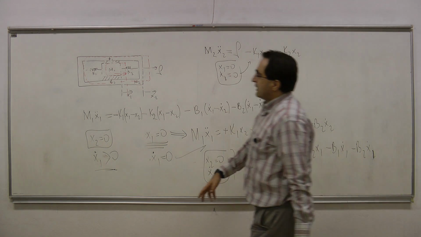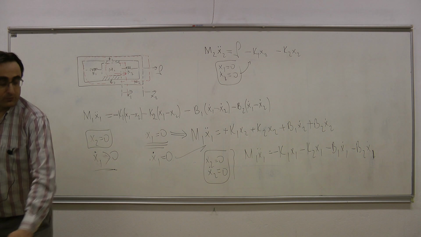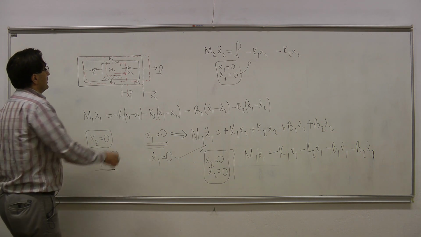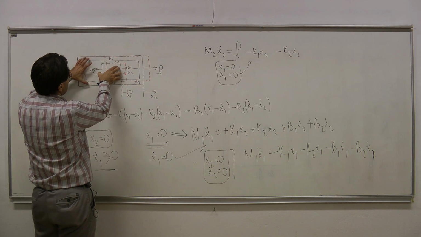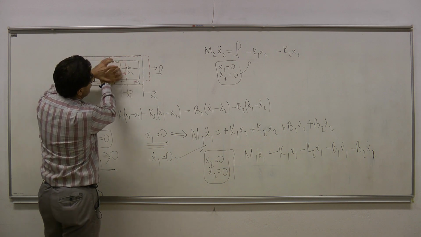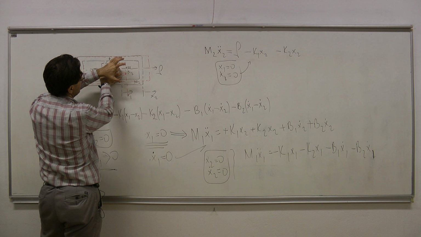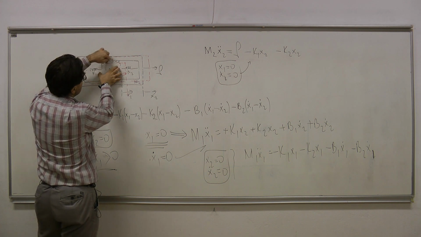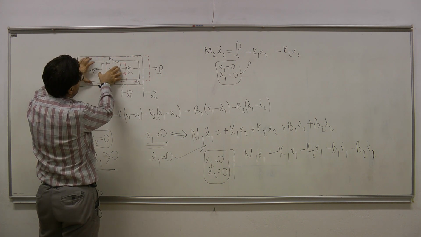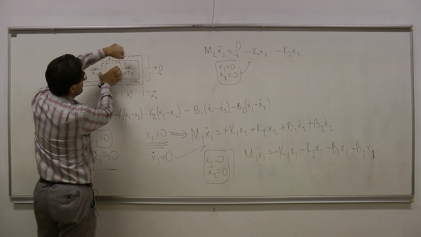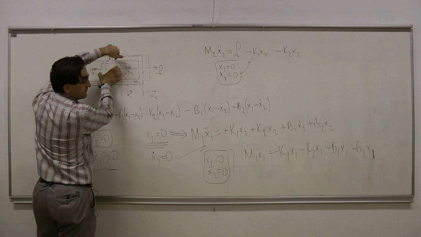And now suppose that I want to include the effects of the friction. This mass is fixed. I am moving M2 to the right with a fixed velocity X2 dot. In that case, due to this friction, this outer case will experience a friction force trying to stop itself.